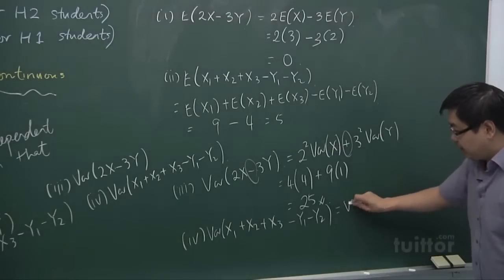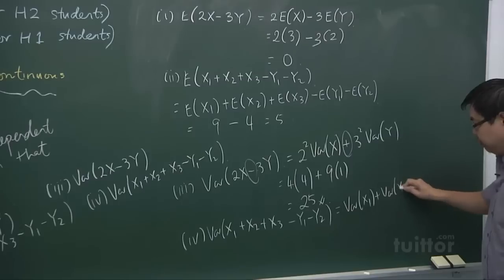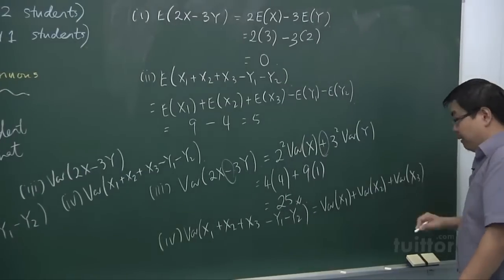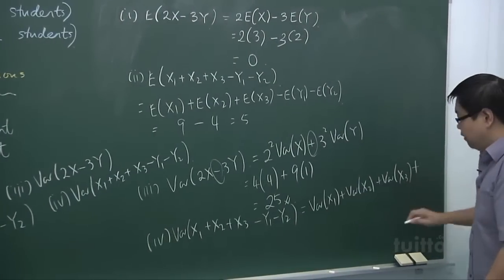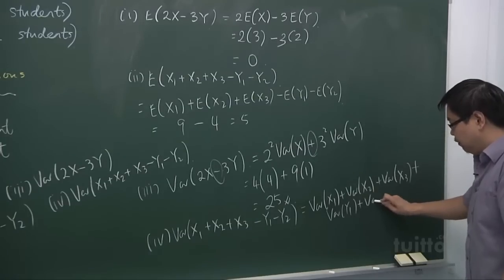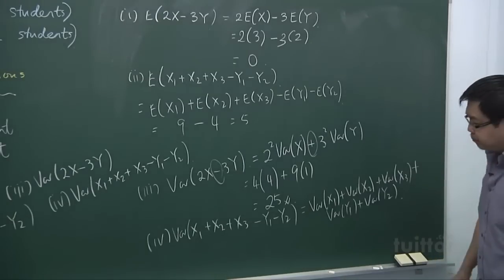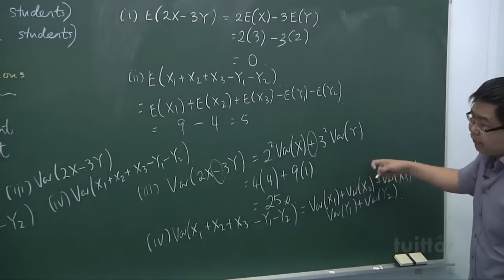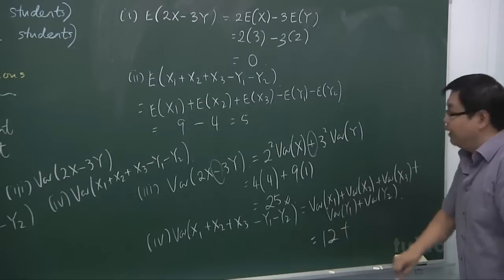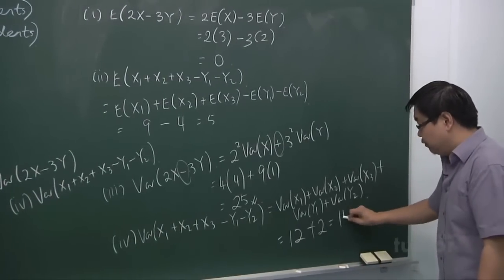You again can split it up into variance of x1 plus variance of x2 plus variance of x3, because they are independent, plus variance of y1 plus variance of y2. Each variance of x is 4, so 4 times 3 gives you 12. Each variance of y is 1, so that gives you 2, so it gives you 14.